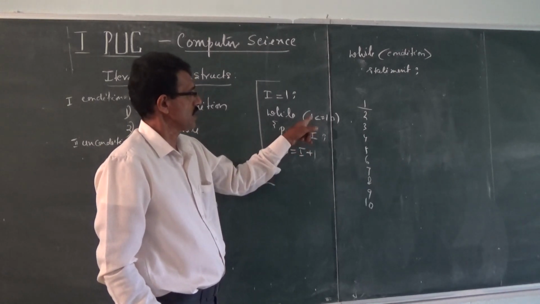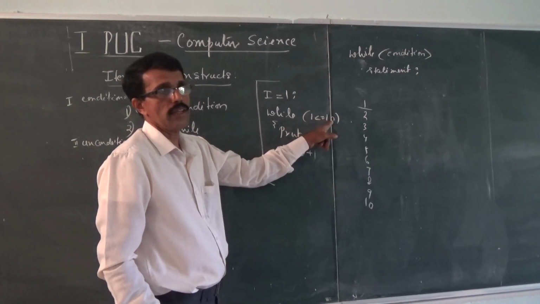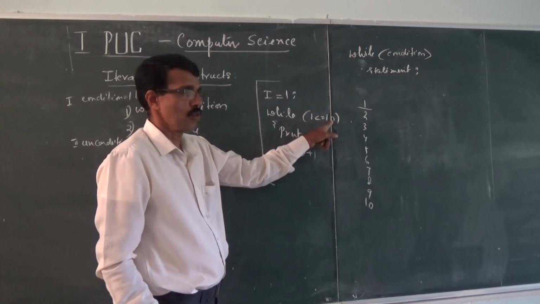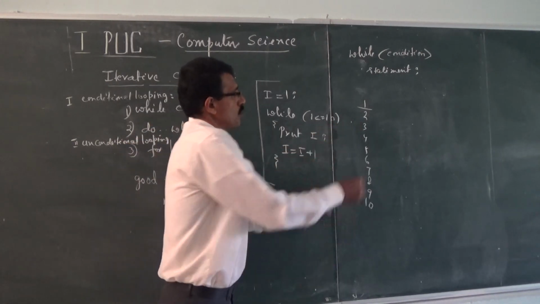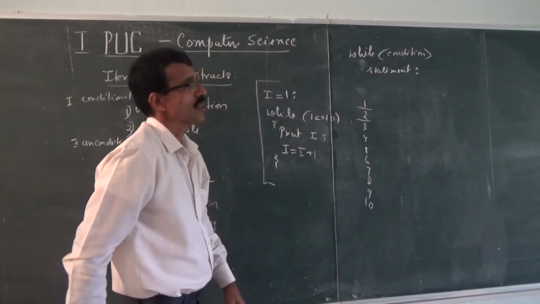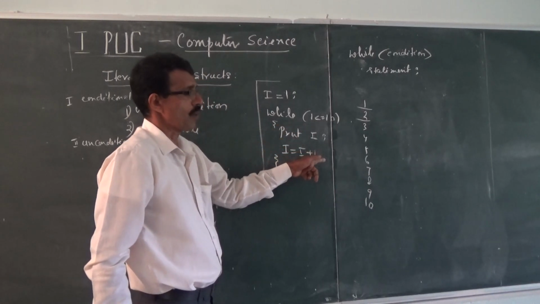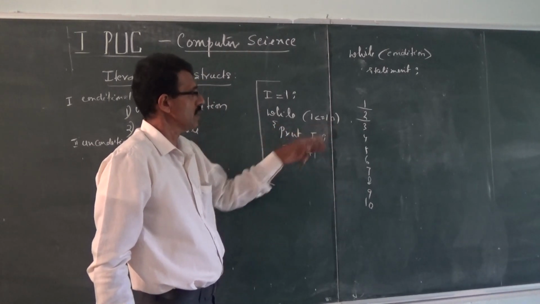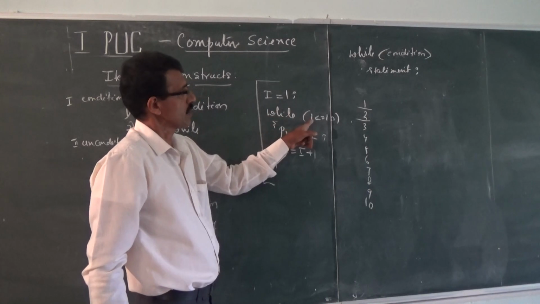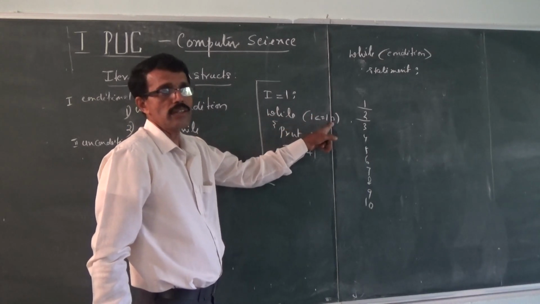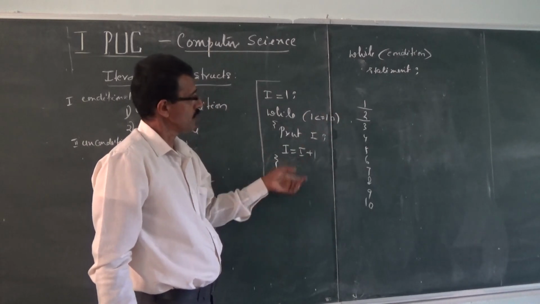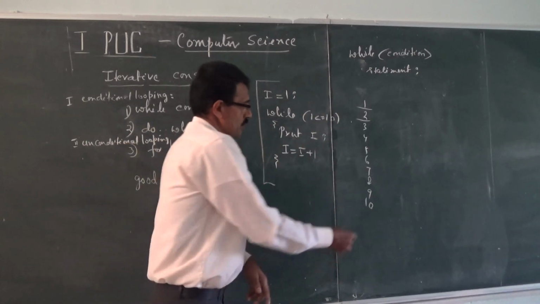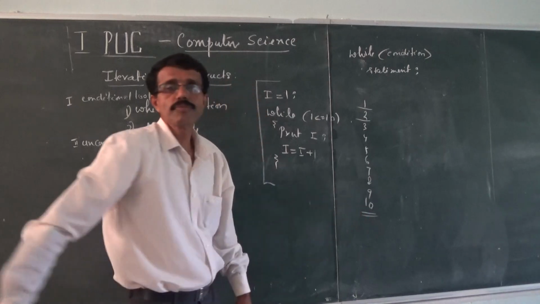Once again it checks: is I less than or equal to 10? It is true, so it does the same thing. It displays 2 and I is raised by 1, that means 2 plus 1 is 3. Once again it tests, and yes, it does the same thing. That will continue till you get 10.